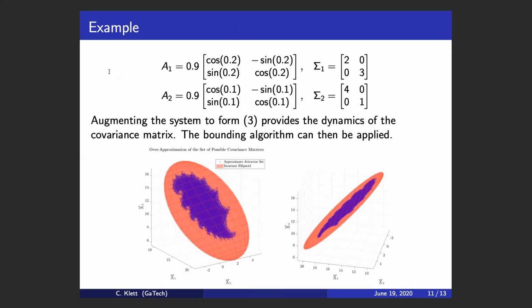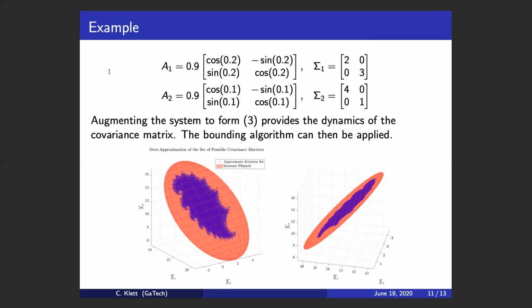And here's an example. This original system, given by the A1 and A2 and noise covariance matrices sigma 1 and sigma 2, we augment the system to form the expression on the previous slide for the evolution of the state covariance. Then we apply the bounding algorithm that we discussed earlier. These graphs show, with the blue dot, a simulation-based approximation of the attractor set for the state covariance matrix.